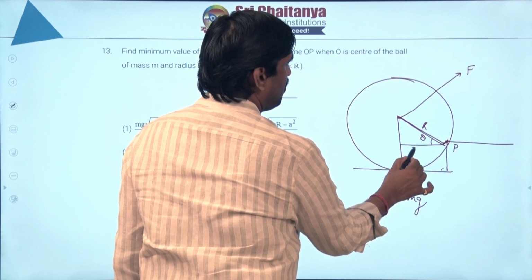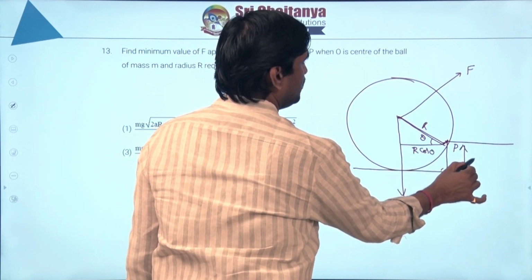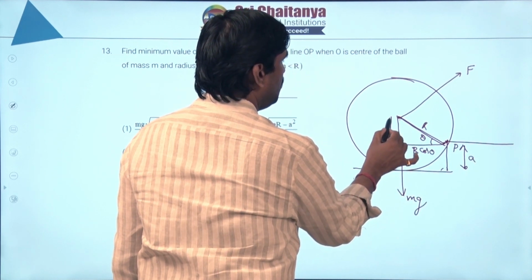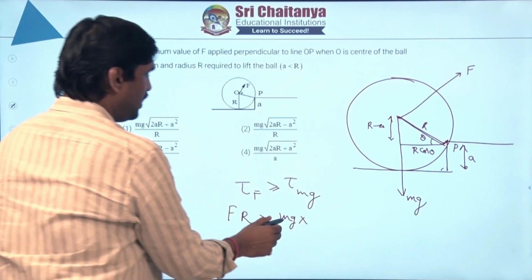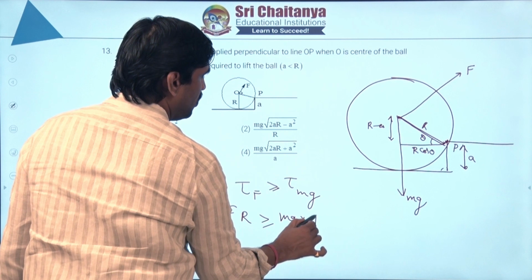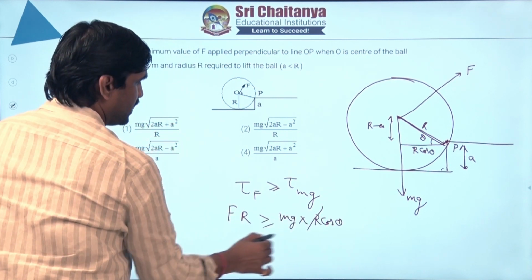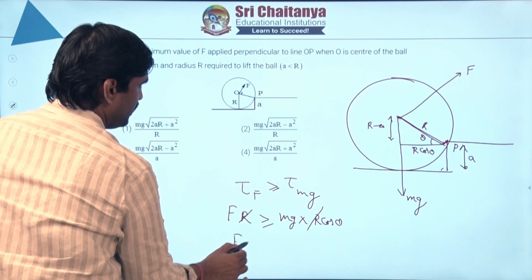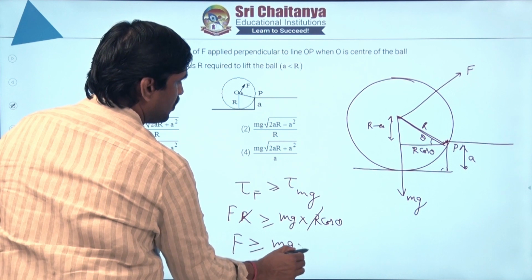This is R cos theta, whereas this is A. Now, this is equal to R minus A. Now, the perpendicular distance of mg from point P is equal to R cos theta. Now, R gets cancelled. Now, F should be greater than or equal to mg into cos theta.